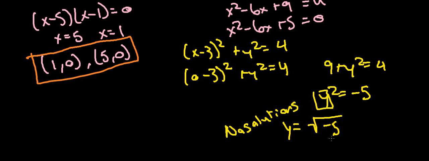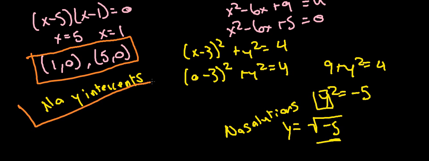Whenever you get a non-real answer like this, that means there are no intercepts. So we have no y-intercepts. When we graph it, we'll see that as well. So now let's graph our circle.